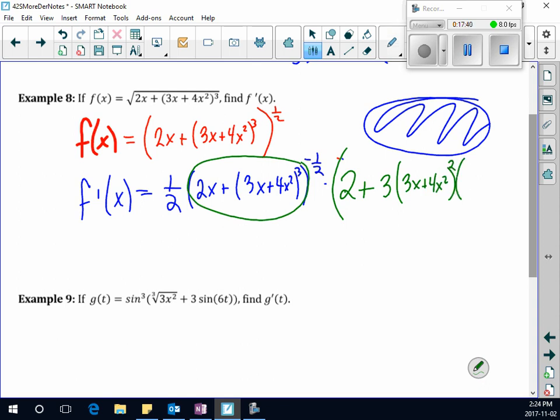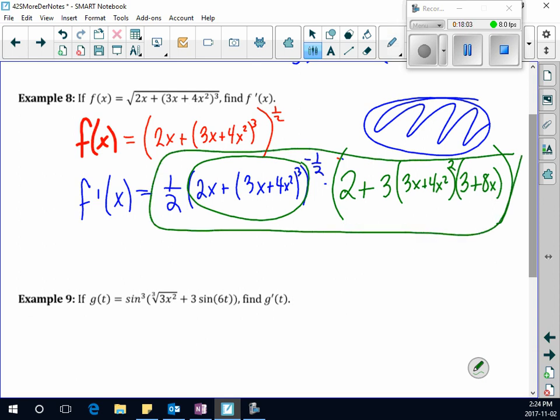Now I have to multiply that by the inside, which is 3 plus 8x. Bracket. You got to close the bracket. That's this one here, right? And that's it. It's this whole darn thing here. Do you see at this point you're not going to be simplifying anything at all? Never.